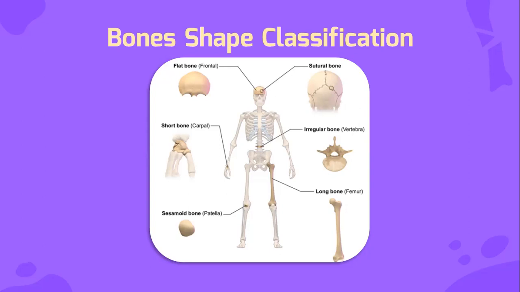Do you remember the term huesos wormianos or sesamoideos, right? In anatomy class, right? So this would be a sutural bone. And here we have a flat bone, which is represented by the frontal bone, as your classmate said. Here we have the sutural bone and short bones, which we already talked about, such as carpal bones.